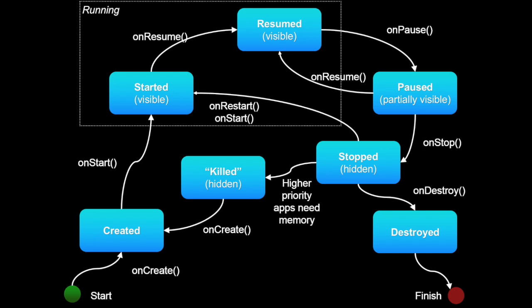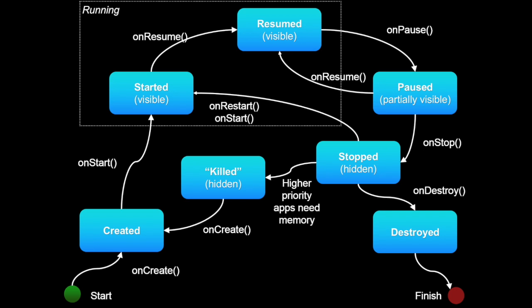If you look in the lower left-hand corner, you'll see a green start dot, and that's where an activity begins its life. An app will start, and it'll create an activity, and onCreate will be called within the activity's class. Then it'll immediately go through to the started state, and it'll call onStart on the way to the started state.